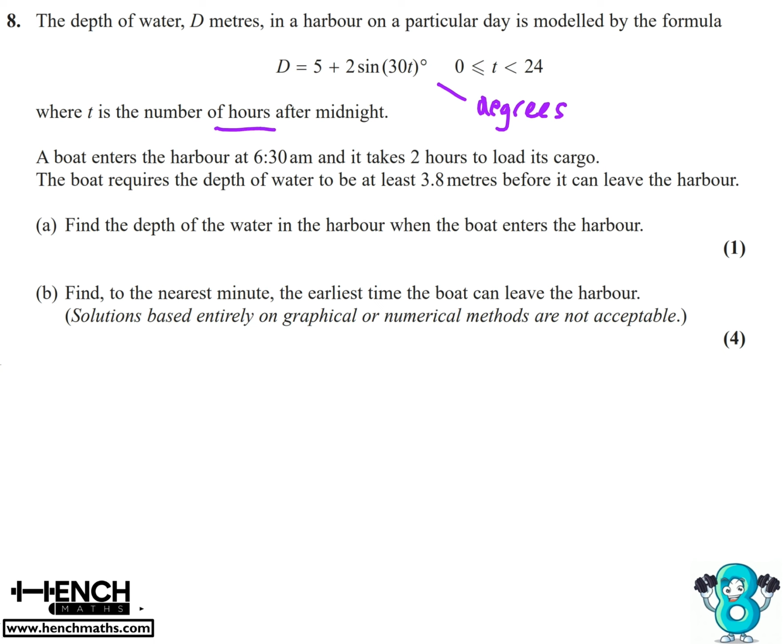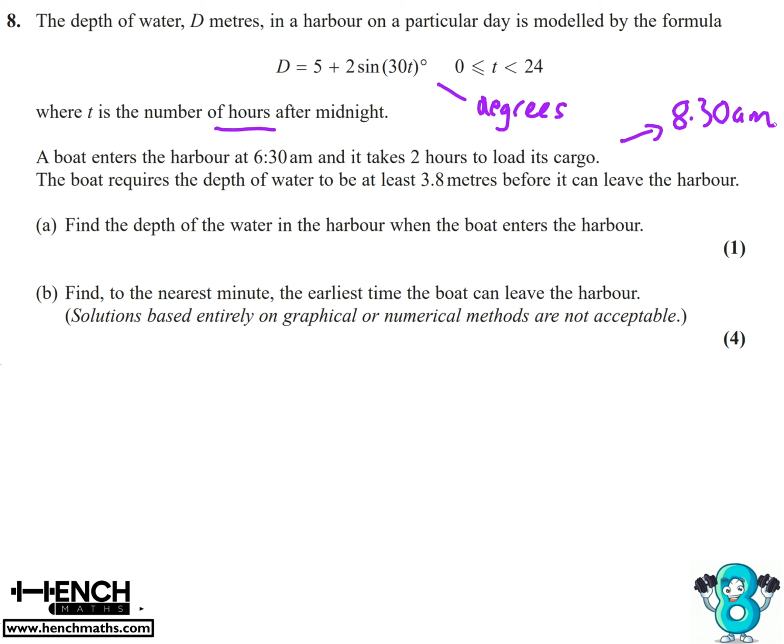A boat enters the harbour at 6:30 a.m. and it takes 2 hours to load its cargo. So it gets there at 6:30, so basically 8:30 a.m. is when it would be able to leave. The boat requires the depth of water to be at least 3.8 meters before it can leave the harbour. I guess it makes sense. If it's too shallow, it would run aground.